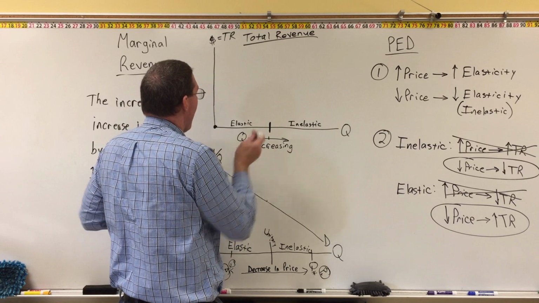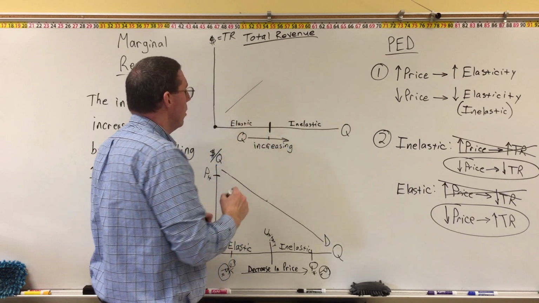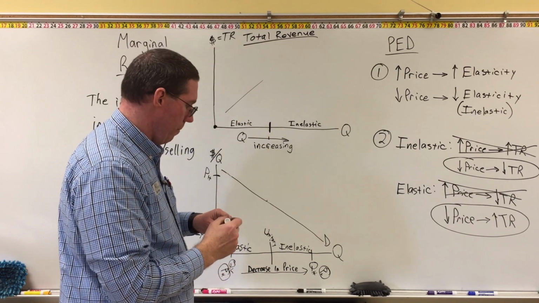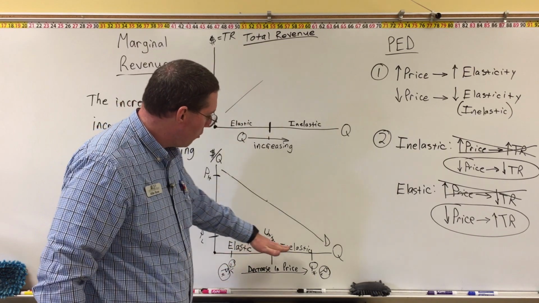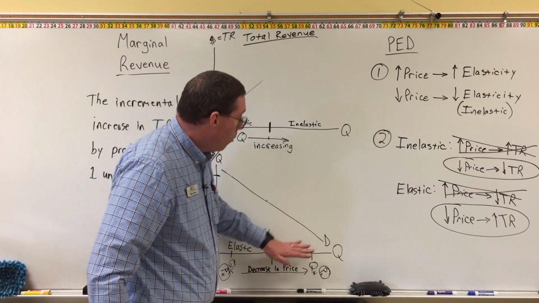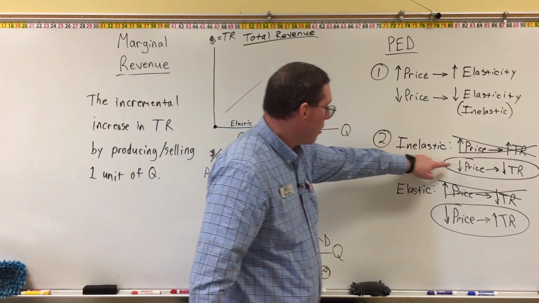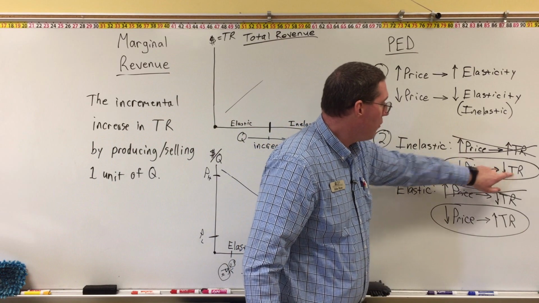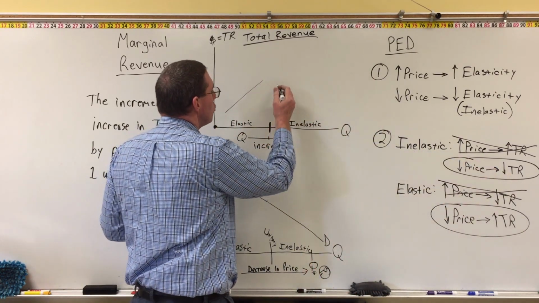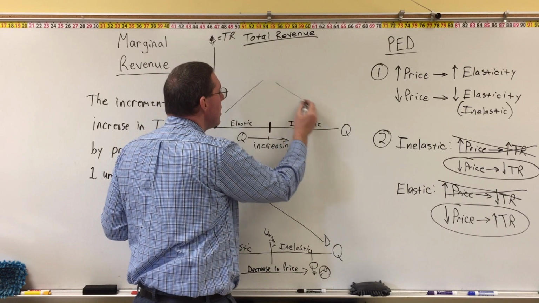So we're going to have an upward sloping curve in that region. But when we go over to the inelastic zone, as price decreases, total revenue is going to decrease.